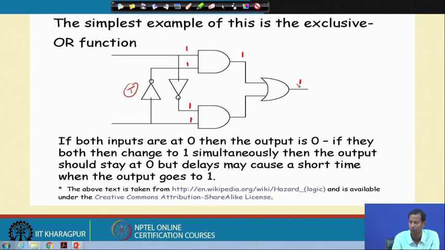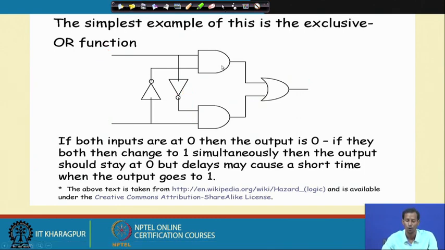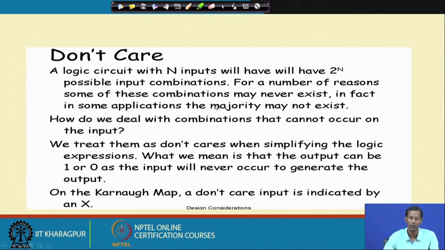If any of the inputs I change to 1, this will remain at 1 depending on the corresponding delay of these two inverters. Okay. So, this is basically known as the function hazard.